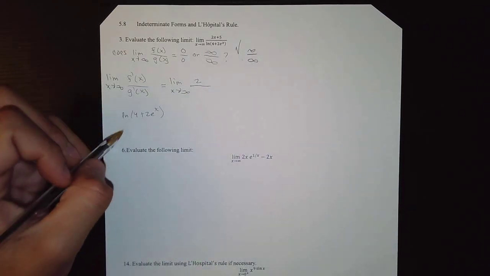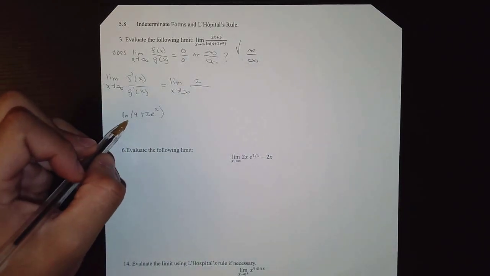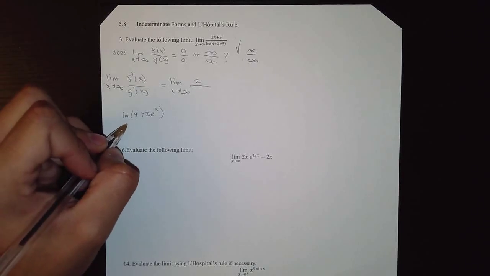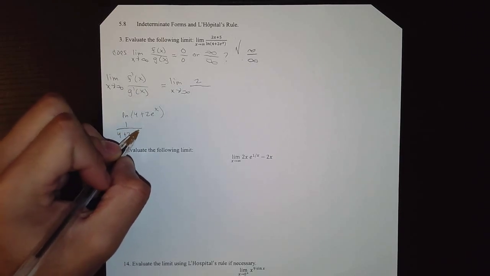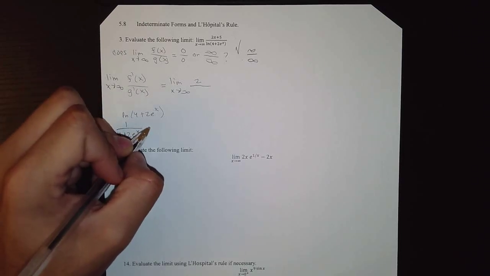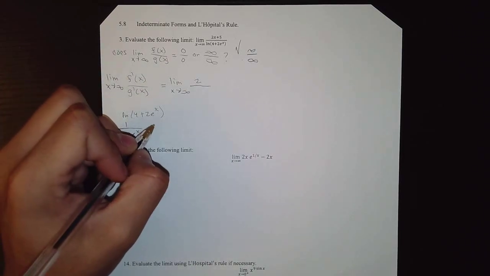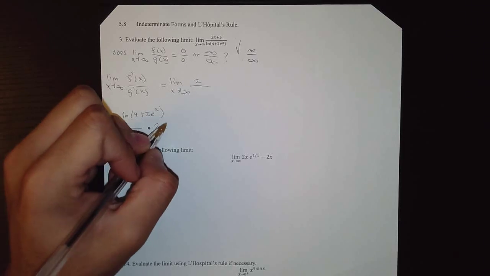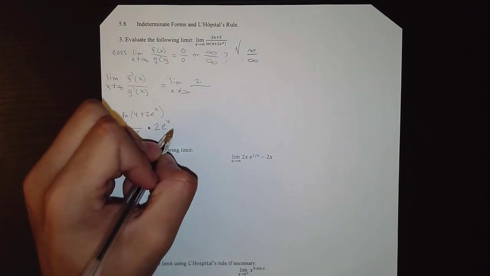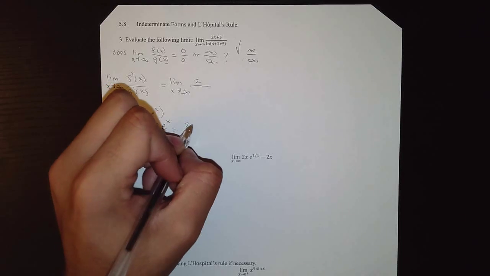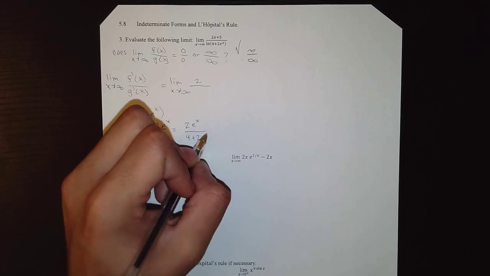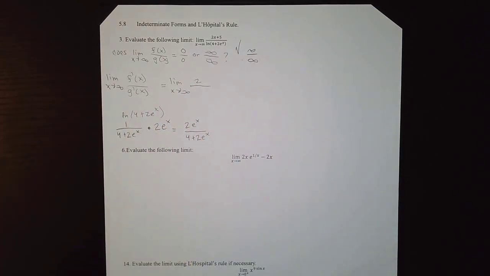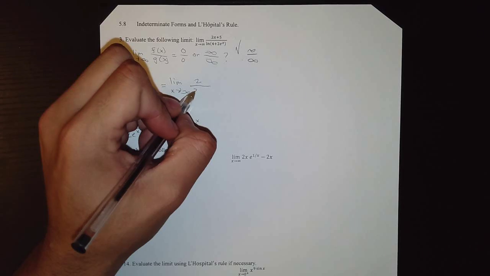Well, using the chain rule, this is the same as 1 over 4 plus 2e to the x times 2e to the x. And so this would just be 2e to the x divided by 4 plus 2e to the x. And so this was in the denominator.